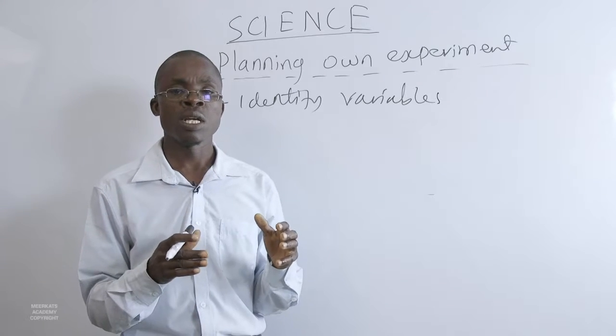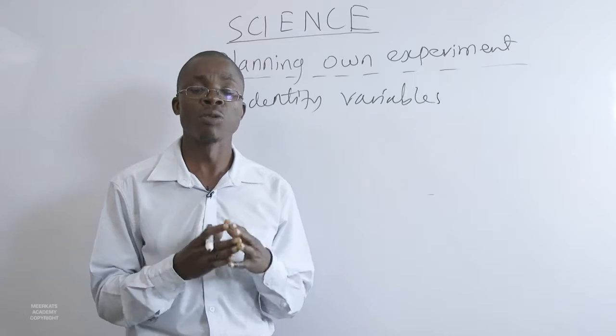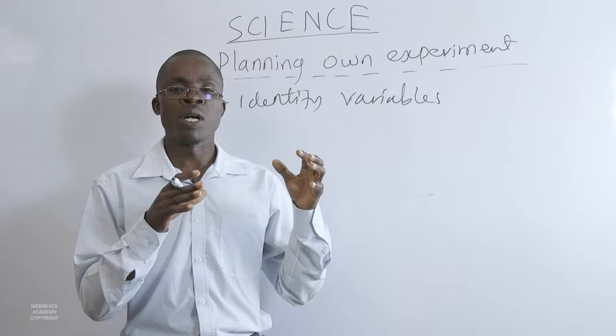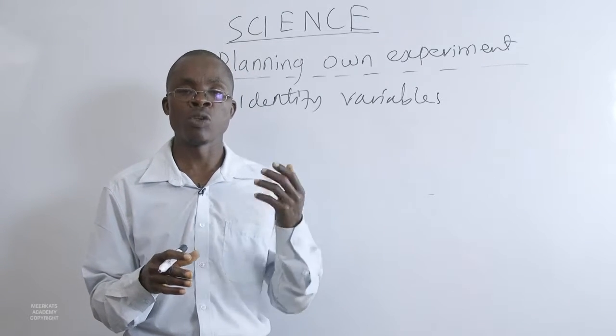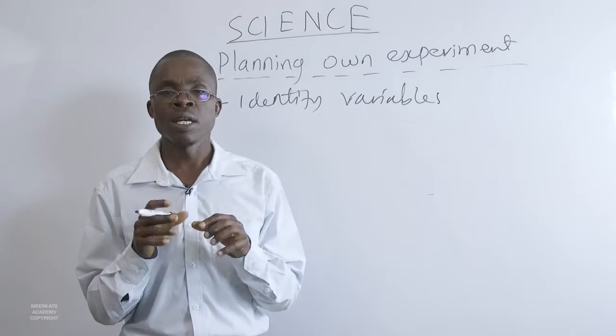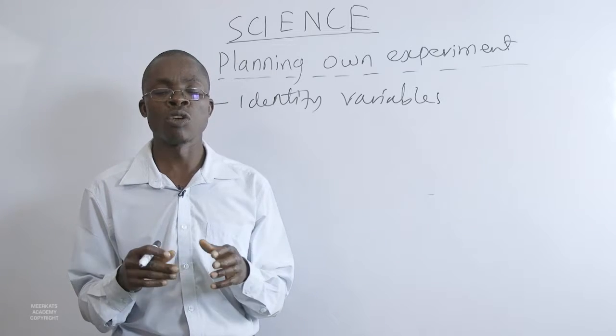There are those that cannot vary in whichever way you may wish them to; they will not vary. But there are those that will vary depending on the way you want. But again, there are those that can vary, but you may make them constant, not to vary.